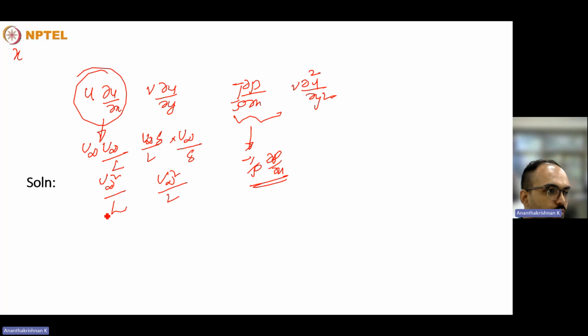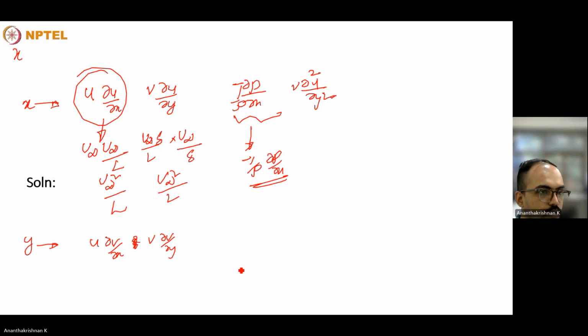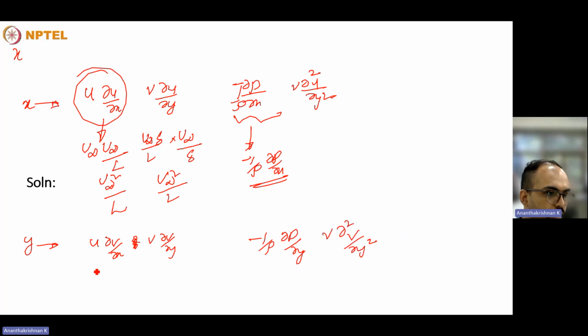On the y side, it will be u ∂v/∂x plus v ∂v/∂y, equal to minus 1 by rho ∂p/∂y plus nu ∂²v/∂y². Here it will take the form u∞, v will take the form u∞ delta by L, divided by L. So this term also will follow the same scaling method.